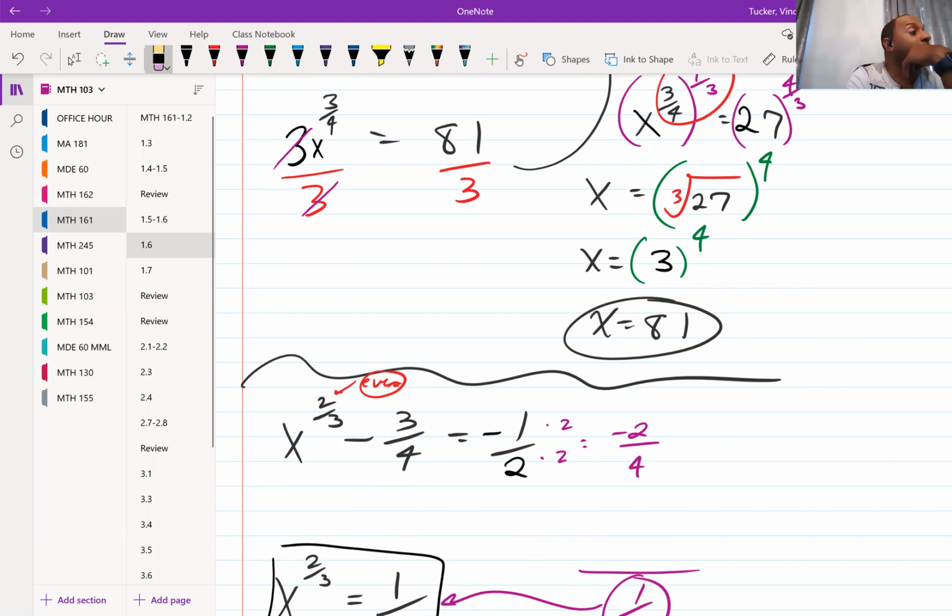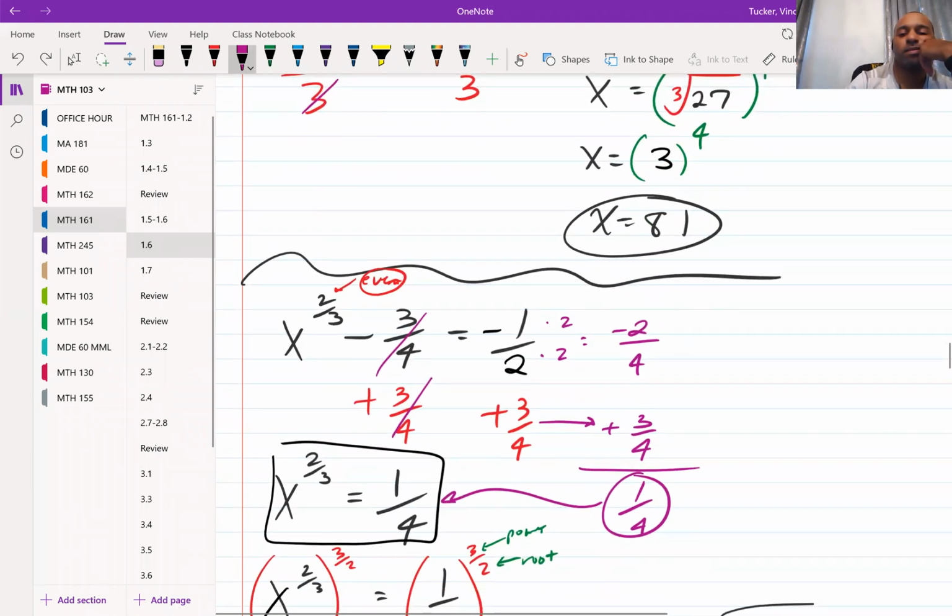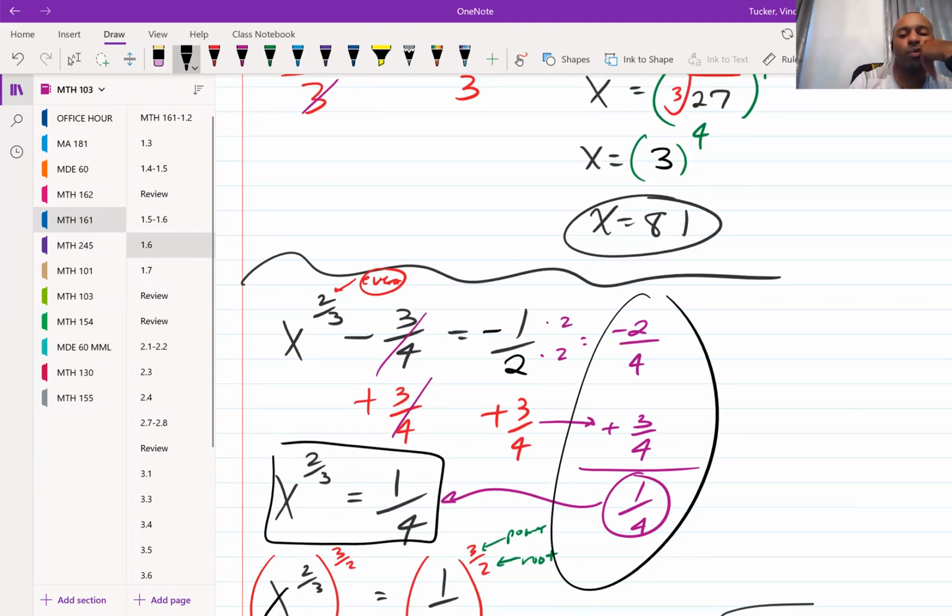Once again, we want to isolate x to the 2/3 power because that's the only thing being applied to by the 2/3 power. We want to solve for x. So we're going to add 3/4 to both sides. Adding those fractions will result in 1/4.